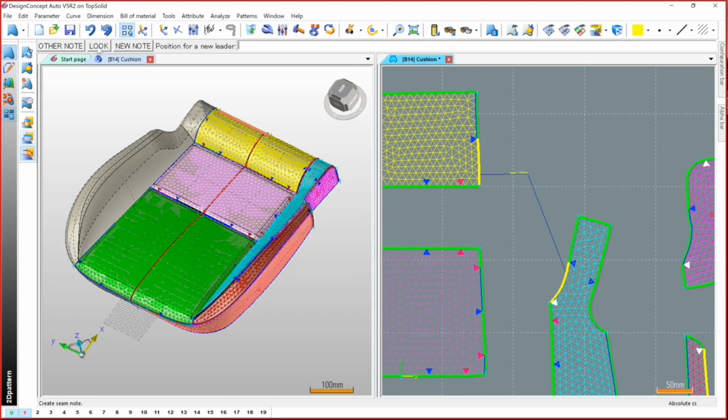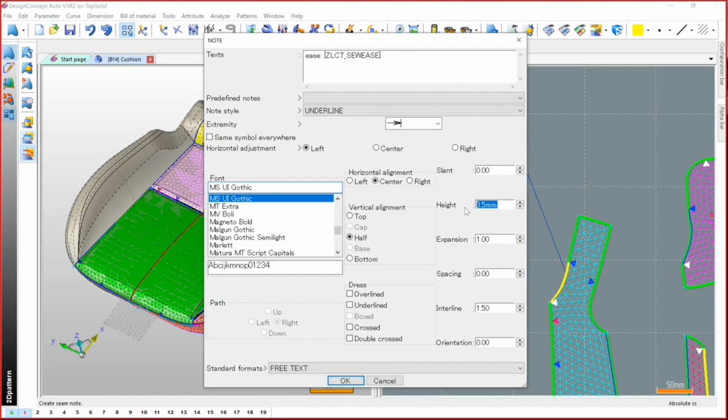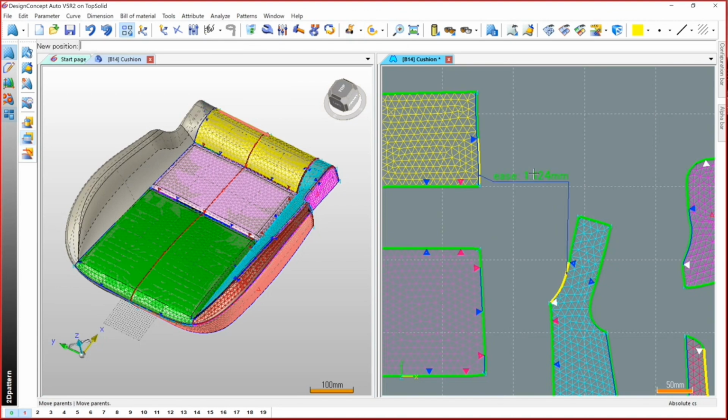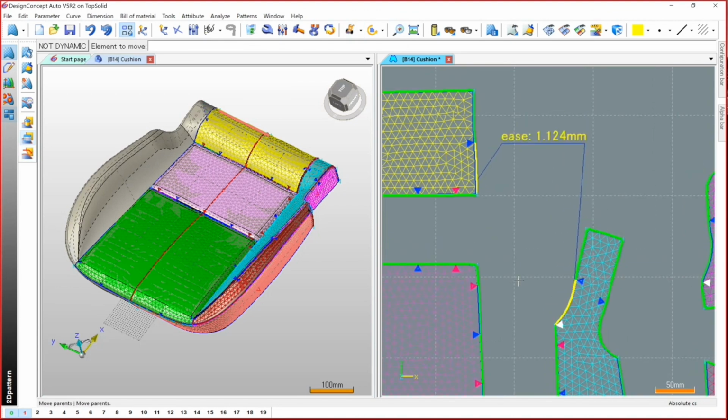And now Izuka-san is working on the adjustment. You see 1.124 millimeter differences, I mean length differences, in the respective parts for the sewing counterpart, and this will have to be adjusted, right?